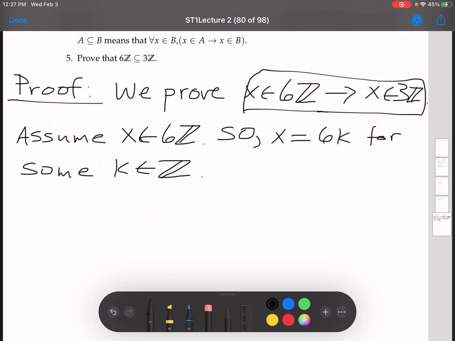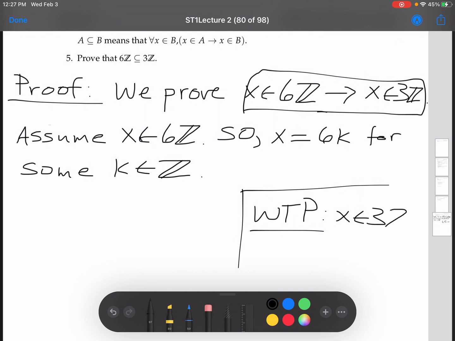Now, as we're doing a proof, we might off to the side say, okay, what do we want to show? What do we want to prove? We want to prove that x is in 3Z, right? Well, what does that mean? That means that x is equal to 3 times some integer.